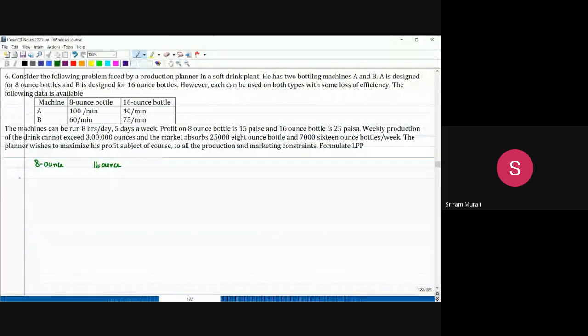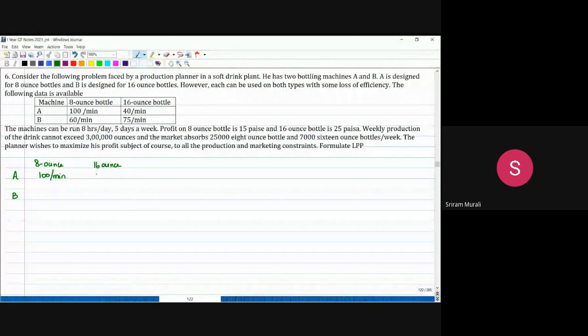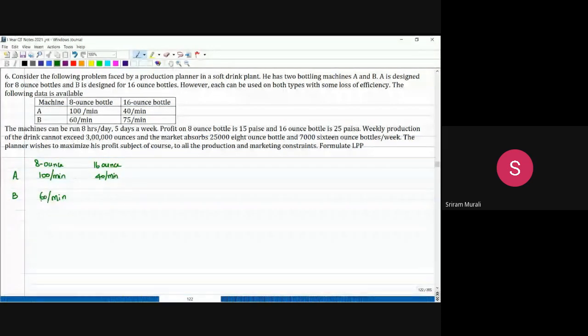A requires 100 per minute, B requires 40 per minute. In a given minute, B can produce 75 16 ounce bottles.